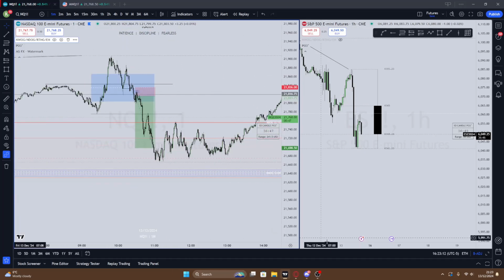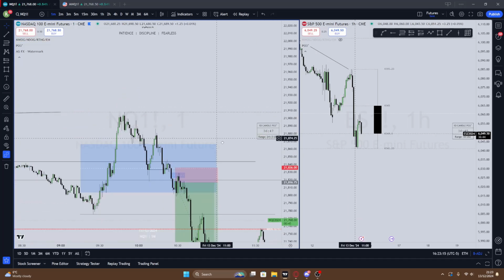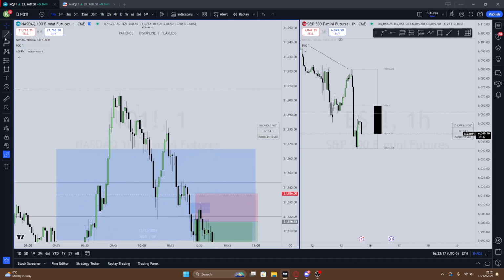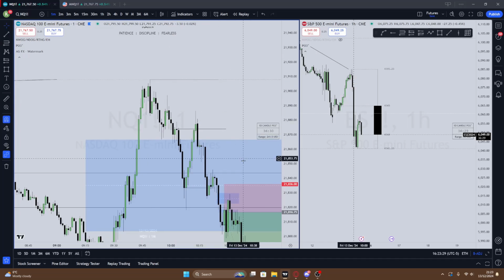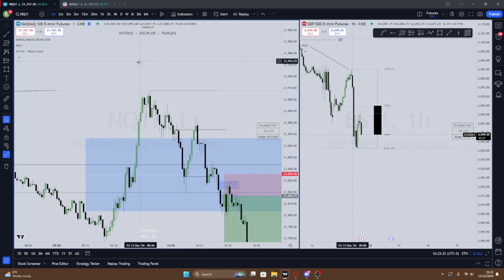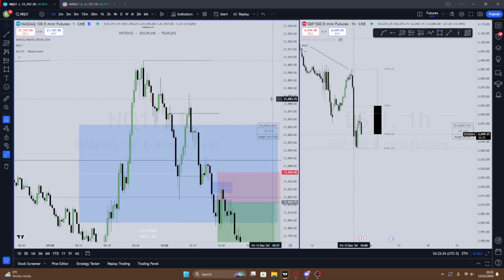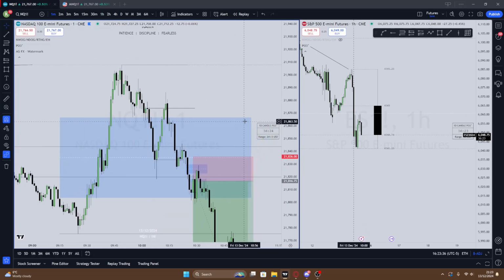Overall, not bad. And the first trade that I took over here when I was bullish biased was because of this right here. There is an order block, and because I was bullish biased, I wanted to see buys here, and it's just because we weren't actually bullish.